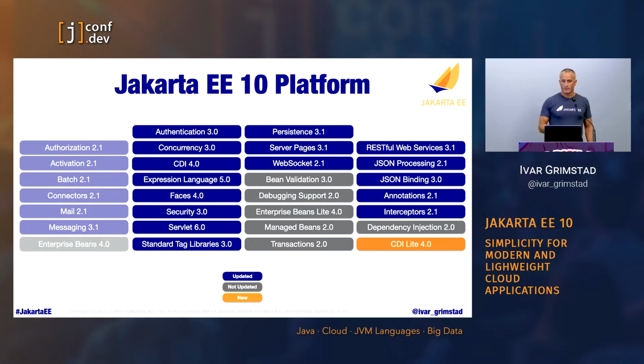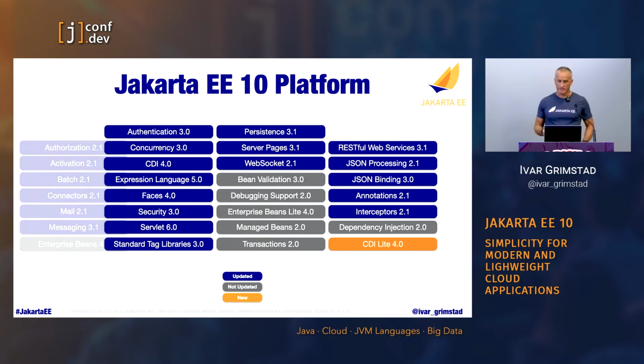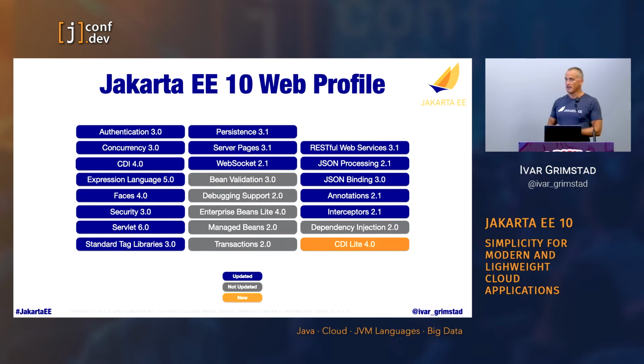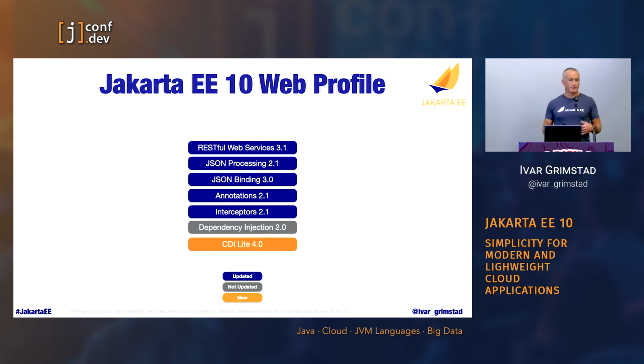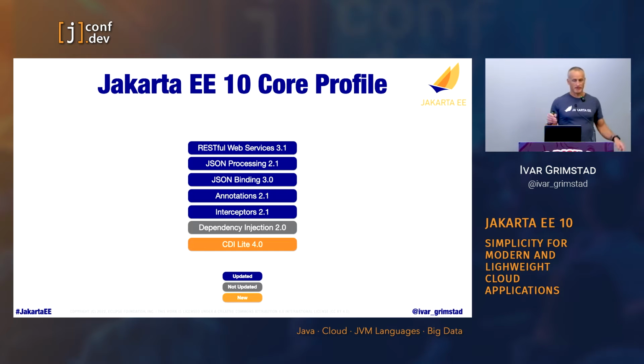If we remove some of the more enterprisey specifications, we're left with the Jakarta EE 10 Web Profile. This is a subset of the platform more focused on traditional web applications. If we remove everything that has to do with creating traditional web applications, we're left with a stack of specifications targeting headless services or microservices.